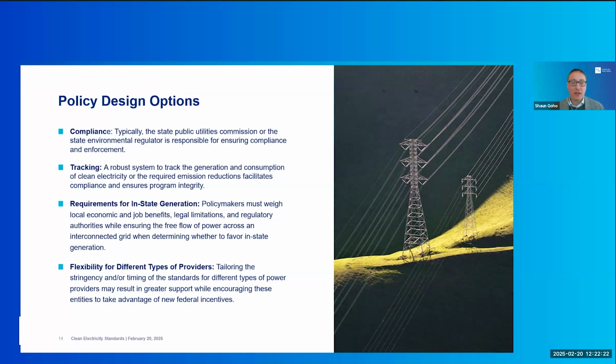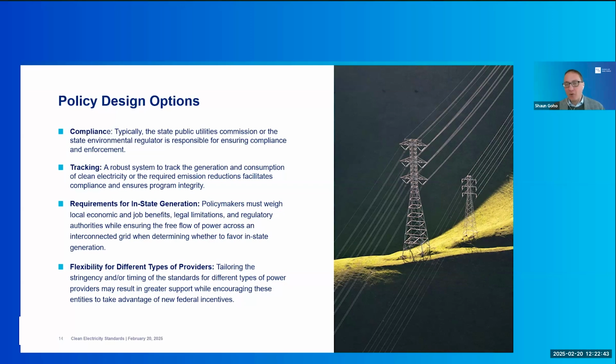So just to give an example, in some states, the CES will include biomass as an eligible resource, but only if the biomass that is being combusted comes from particular sources. Say it's waste or other non-whole tree biomass in some cases.